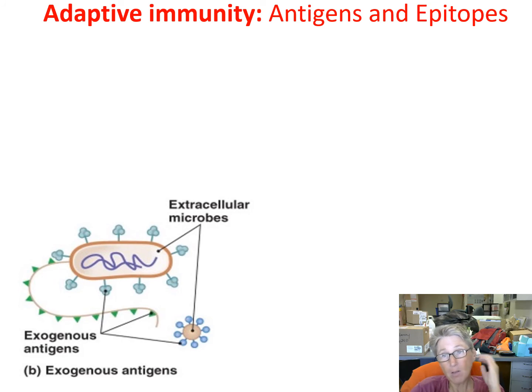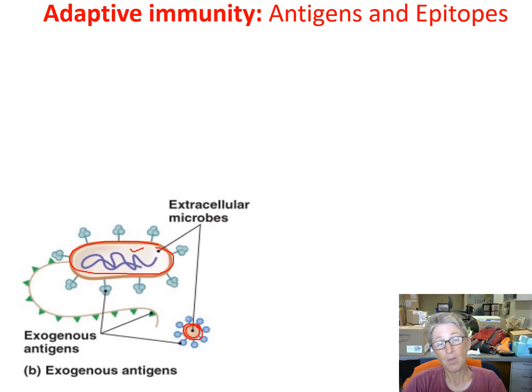Okay, now let's make antigens even more complicated, shall we? Let's have exogenous antigens and endogenous antigens. So in this cartoon, here's an extracellular microbe, and here's an extracellular microbe too. This kind of looks like a virus, and this guy looks like a bacteria.